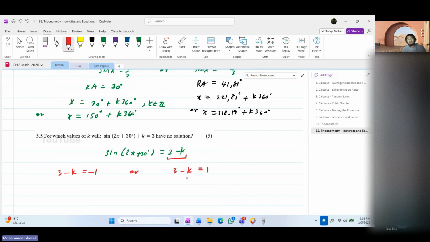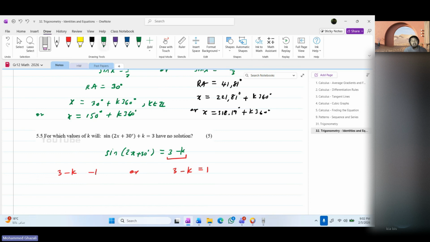That's the range of sine 2x. So let's solve for this value of k here. It will work if these are the values. What if we make 3 minus k something else?